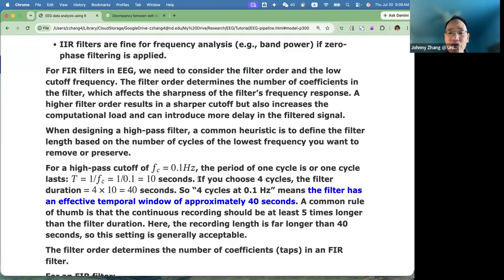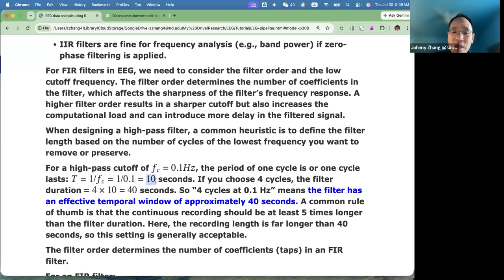For example, 4 cycles. Then we calculate how long it takes for the signal to run 4 cycles. If we use a cutoff of 0.1 hertz, each cycle will take 10 seconds.